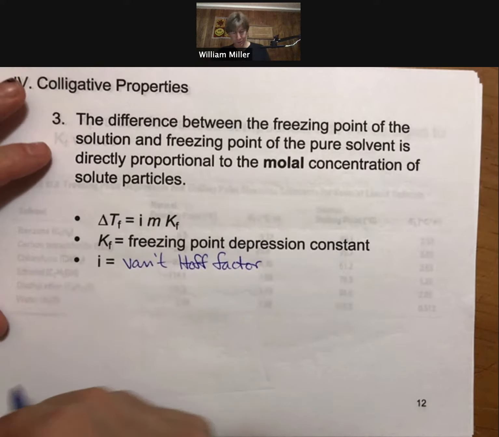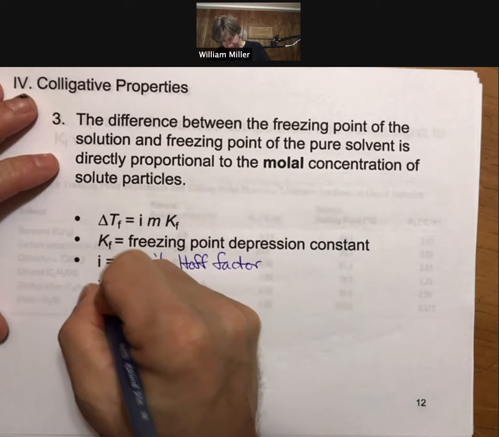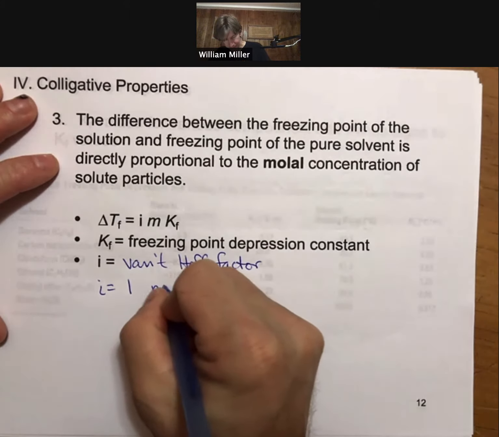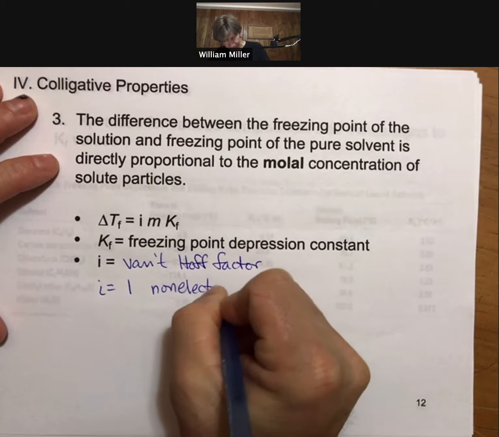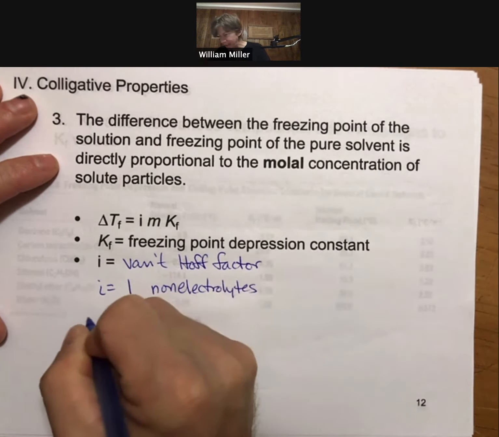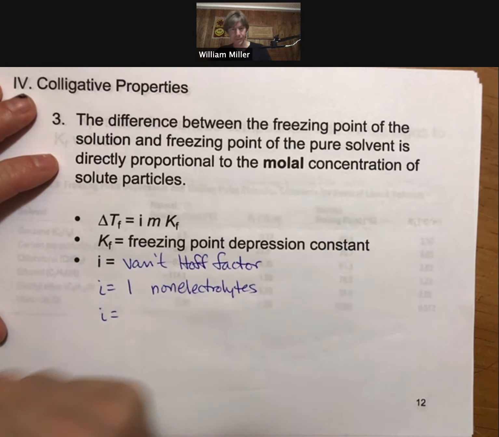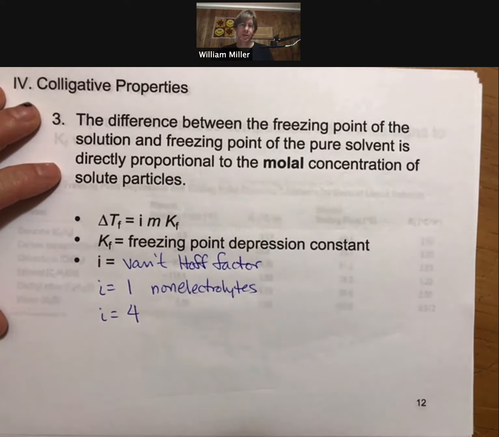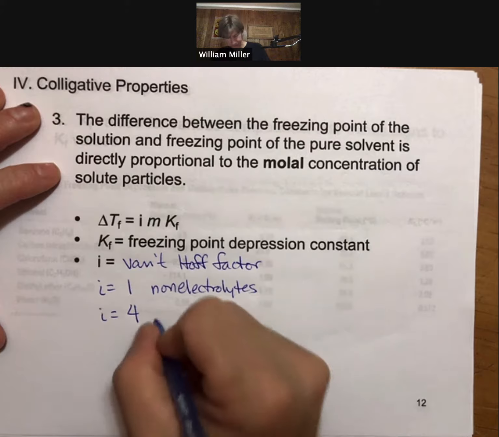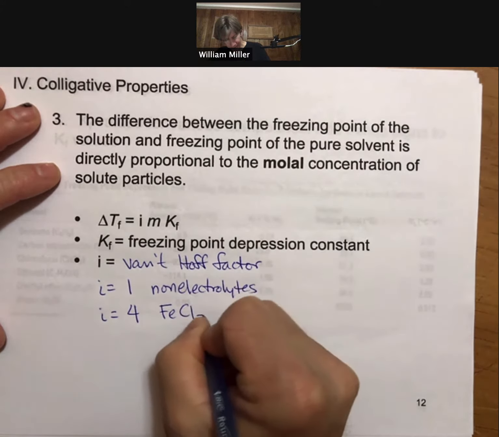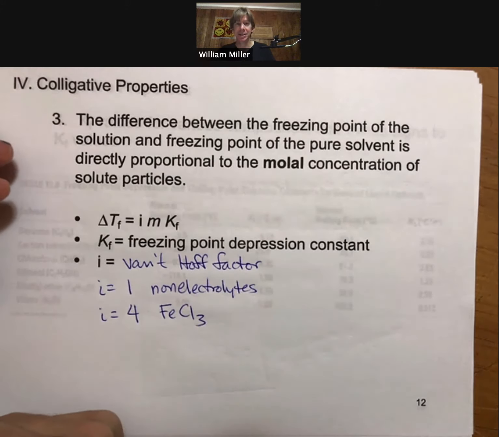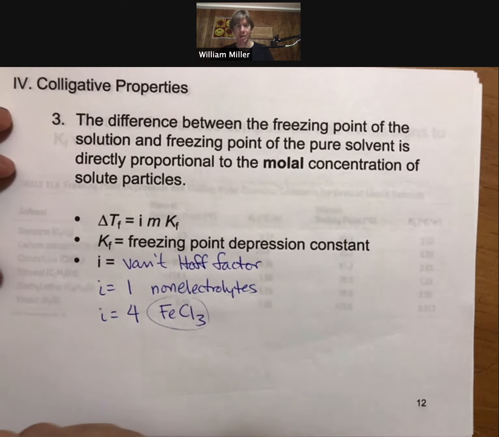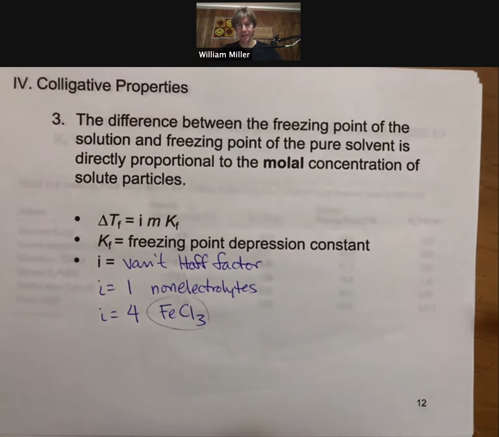And to review, i equals 1 for non-electrolytes. And i equals, let's do a nice one, 4 for iron(III) chloride, at least in its ideal state. And that's the state that we'll consider. We'll consider these as strong electrolytes that break up completely into ions.